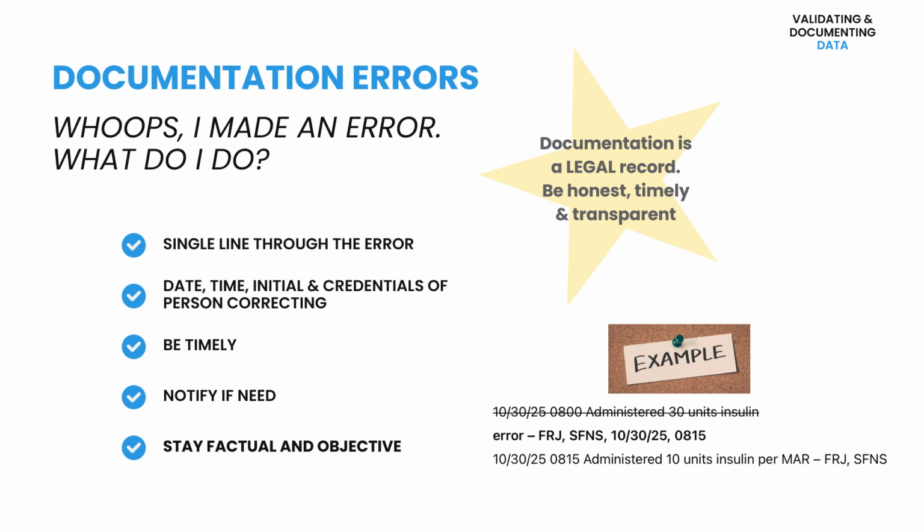And then you want to do it fairly quickly. So you see that my initial documentation was at 0800. I put a line through and then I put the error, and it was timed at 1500. And then I put the correct date, the time and whatever the correction was. And then I still signed off FRJ, SFNS.